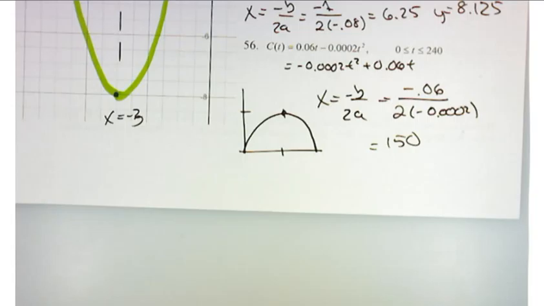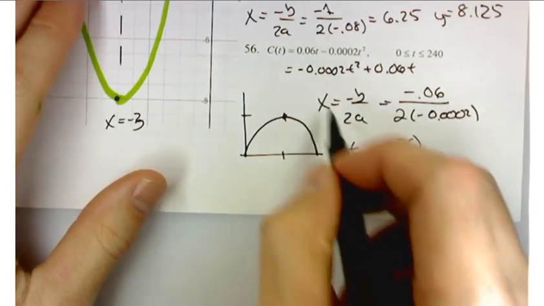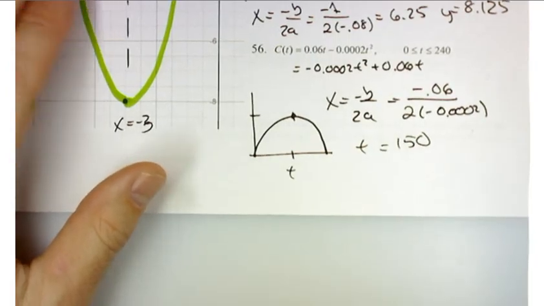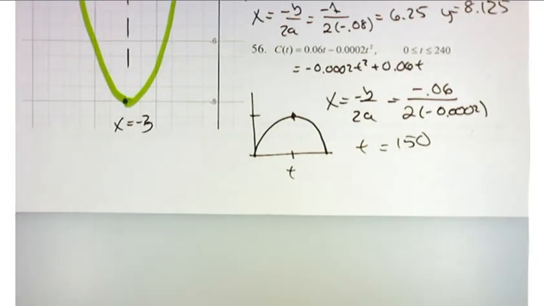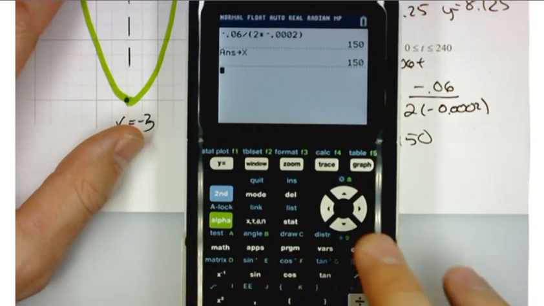How would we find that maximum concentration? John, any suggestions? I know that when it occurs, I should probably put a t here, not an x. It occurs at t equals 150. That's when we get the maximum concentration. Yeah, plug 150 into the equation. Now I'm going to do it this way.